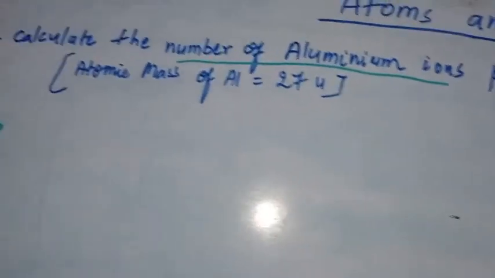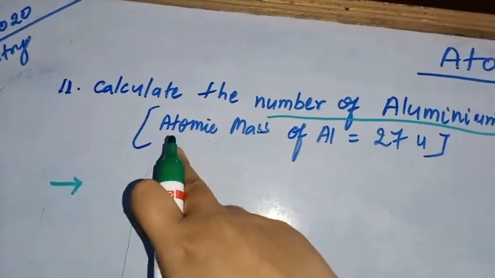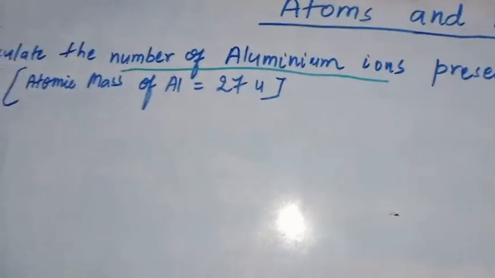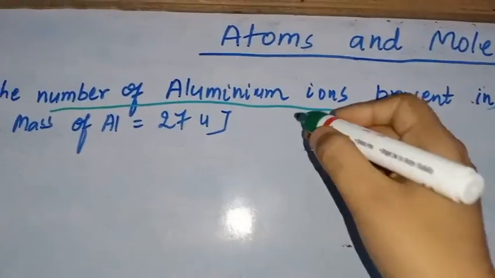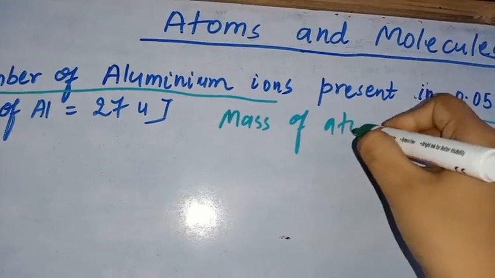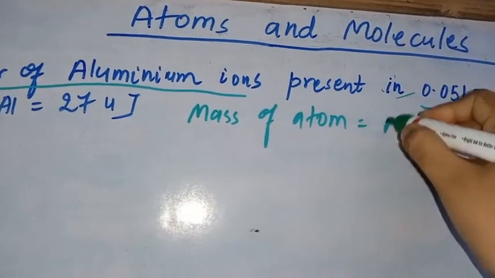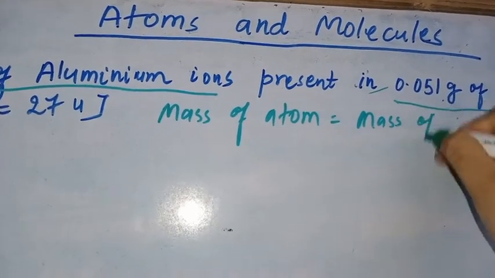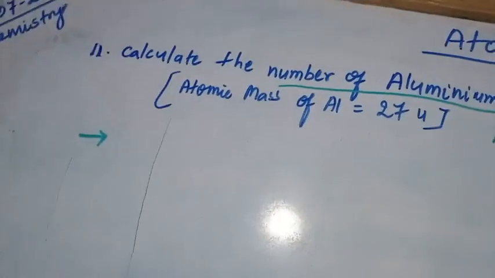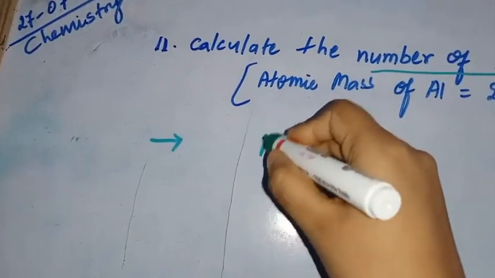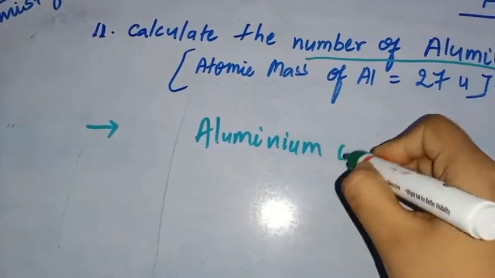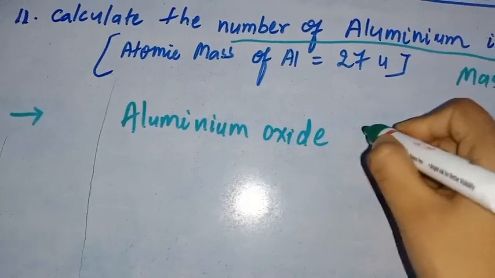As a hint, you have been given the atomic mass of aluminium, that is 27 u, and you must also know that the mass of an atom is equal to the mass of its ion.